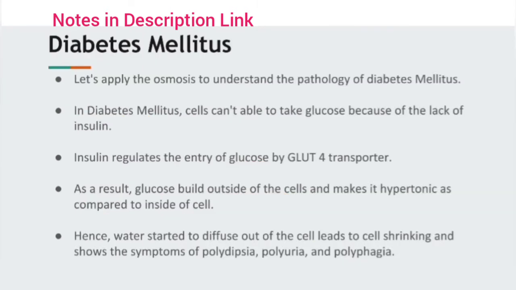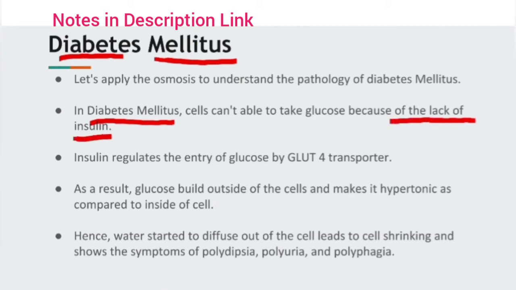Let's apply the concept of osmosis to understand the pathology of diabetes mellitus. What is diabetes mellitus? In diabetes mellitus, there is a lack of insulin. The lack of insulin is either due to decreased production of insulin or decreased activity of the insulin receptor.